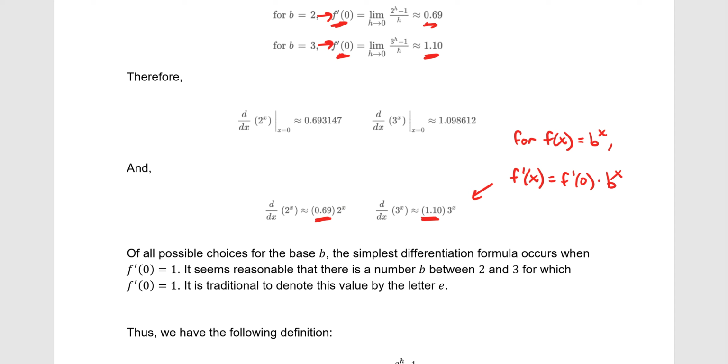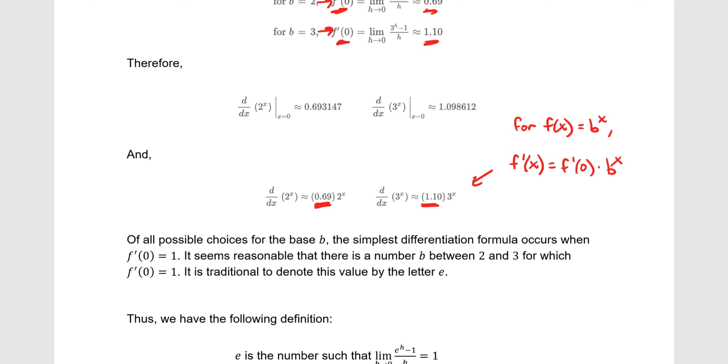The whole reason why we're using a 2 and a 3 here is because for both of these values, 0.69 and 1.1, there's definitely a value of 1 between those, right? So we could have chosen a value for b between 2 and 3 such that this value, f prime of 0, would have equaled 1.